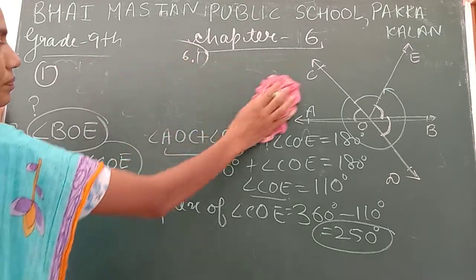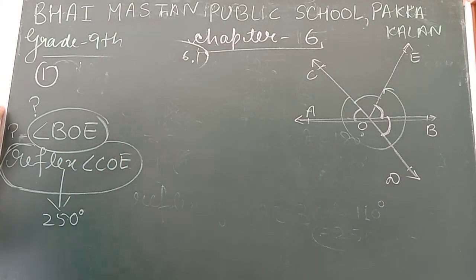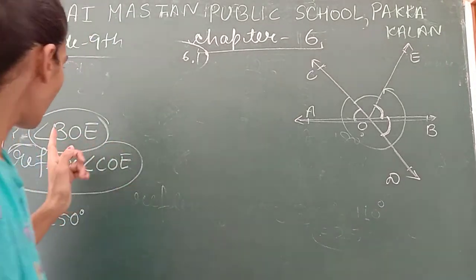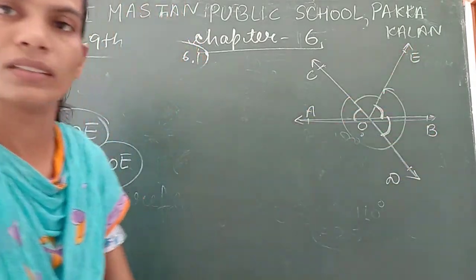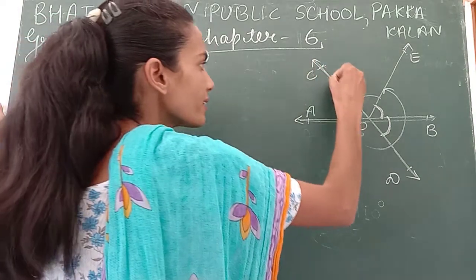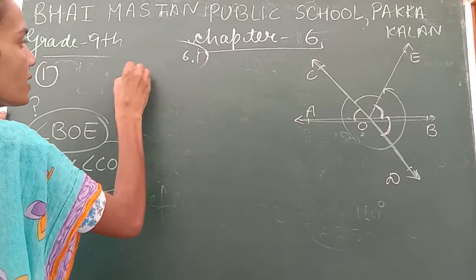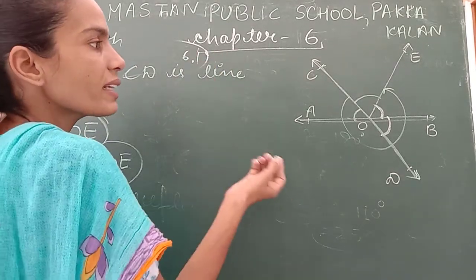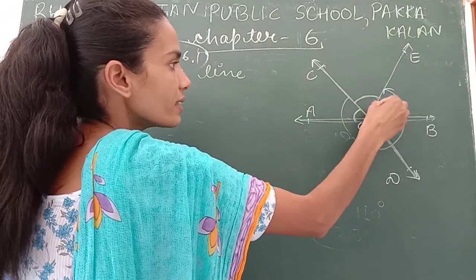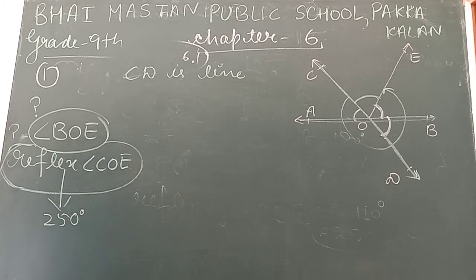And next, which thing are we finding? Next we find angle BOE. So see that CD is a line. CD is a line, right? So we write the angles, this and this, all make a linear pair.